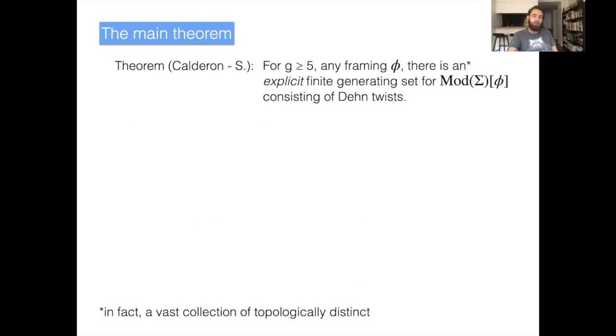It's not just that there's one explicit finite generating set. In fact, we give a criterion that's very, very general. In the second part of the talk, I'll walk through exactly how this criterion works and how you can apply it in different contexts. But the point is that we give a very flexible criterion for a set of twists to generate the stabilizer of a framing. As I said, a precise statement of this will be given in part 2 of the talk.